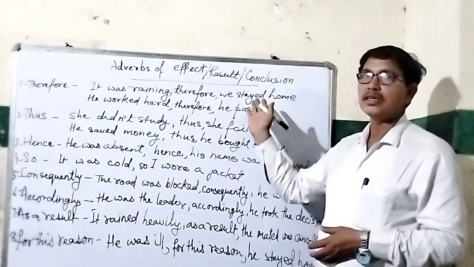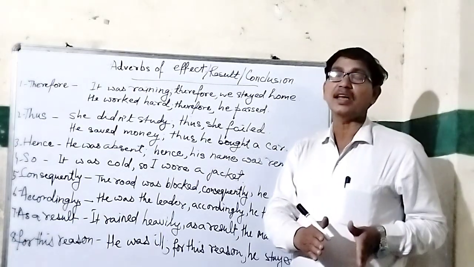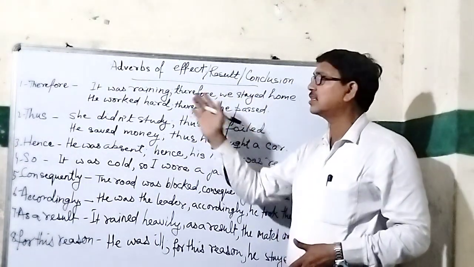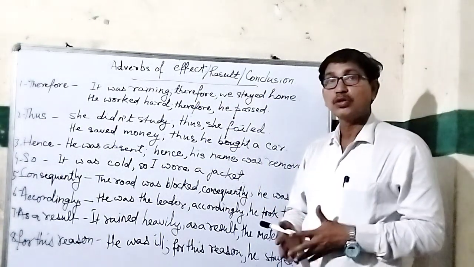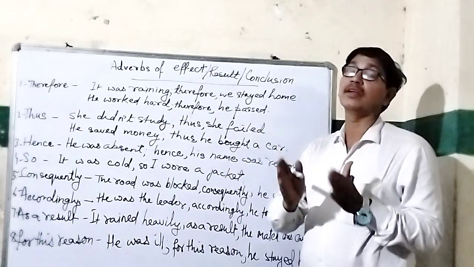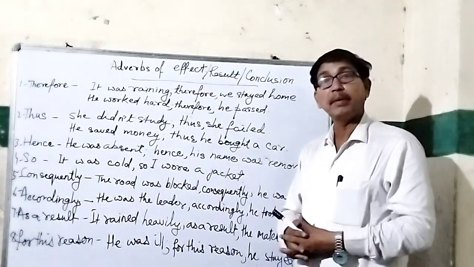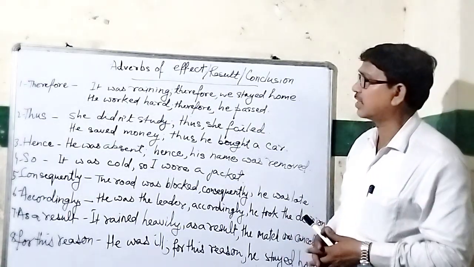If we say it like this, we stayed home because it was raining, in the opposite direction, first you write this sentence, we stayed home because it was raining. So because it was raining, that will be conjunction because, and it will make one dependent clause. That is not an adverb, you must not confuse it with that.